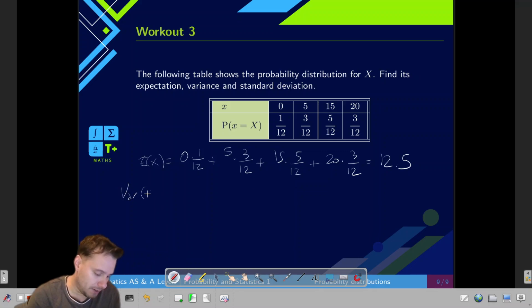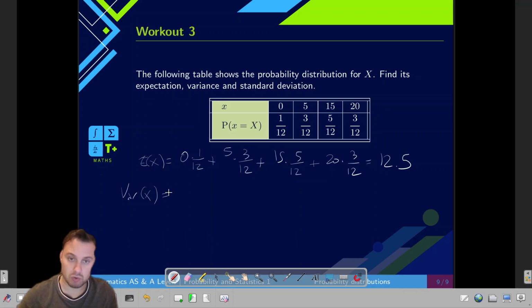Well, for the variance, we will be doing almost the same thing. It's just that we're going to be taking the square of the values of x, and then we have to subtract the mean squared.